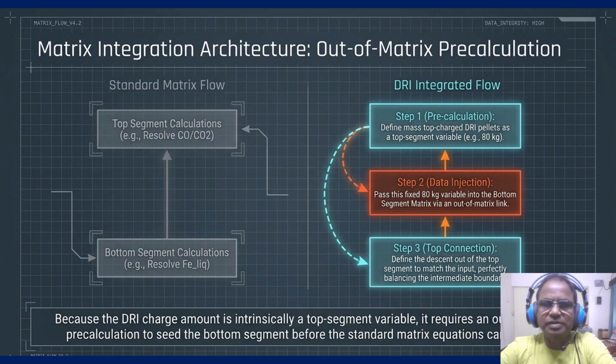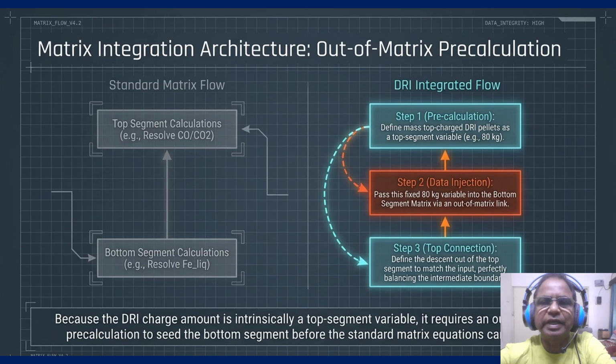This bypass is essential for senior engineers to understand because it prevents circular reference in your spreadsheet while ensuring that the 1000 kilograms of Fe produced in the hearth is accurately sourced from both ore and DRI. So with the architecture in place, we can now restructure our core mass balance equations.